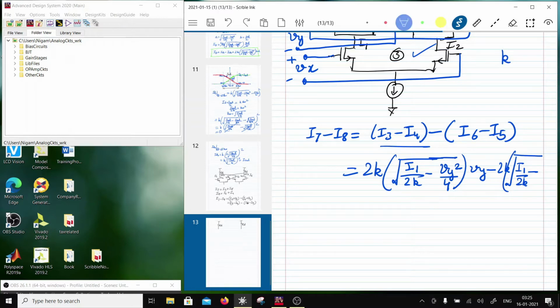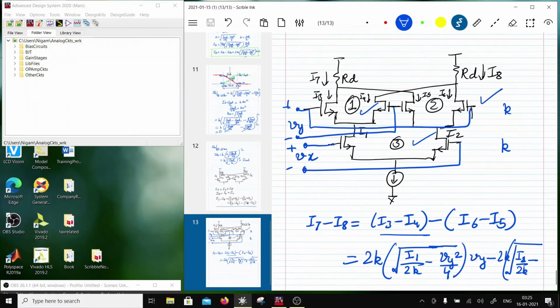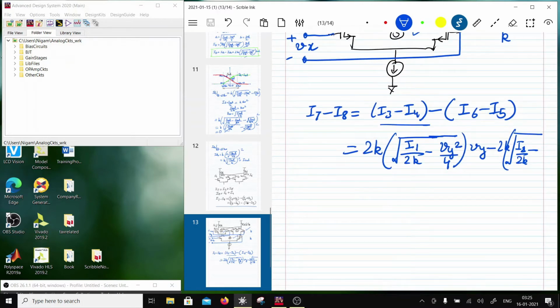okay, so in this case it will be I2, isn't it? It will be I2. Okay, so one current is I1, other current is I2. I2 is Vy square by 4 into Vy, isn't it? So into Vy.